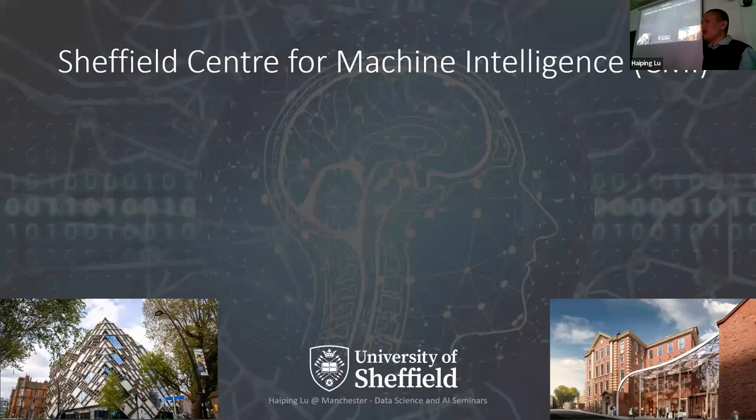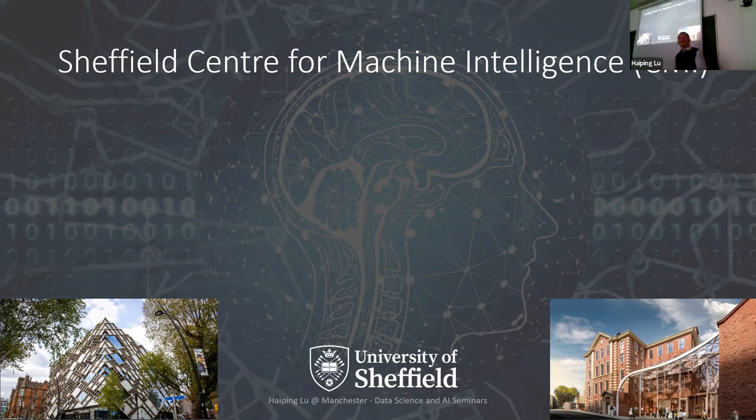Last but not least, finally, at Sheffield, we have a new AI center of our own. We thank Martin for organizing this nice seminar series for the Computer Science and AI Institute, Manchester. Finally, after much delay, we will have our new Center for Machine Intelligence.